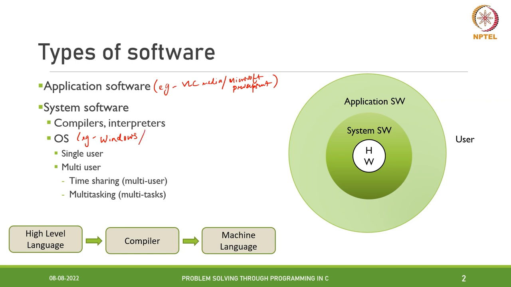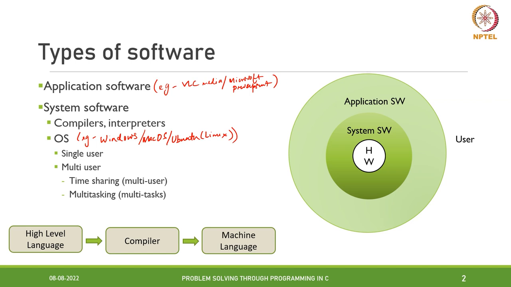And for those who are using Mac, you might be familiar with Mac OS, which is also an operating system, and Ubuntu. Some of you might have used Ubuntu or the different kinds of Linux based OS distributions. So these are the different kinds of operating systems.